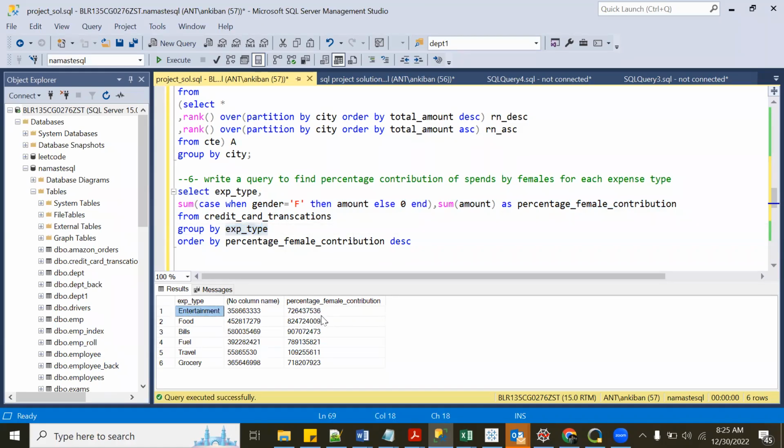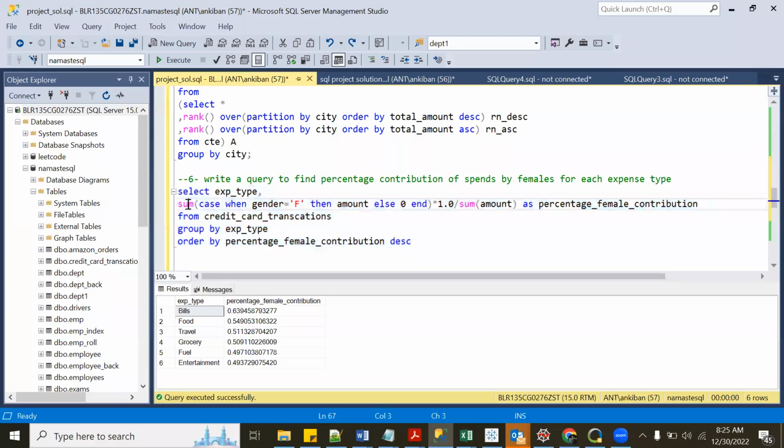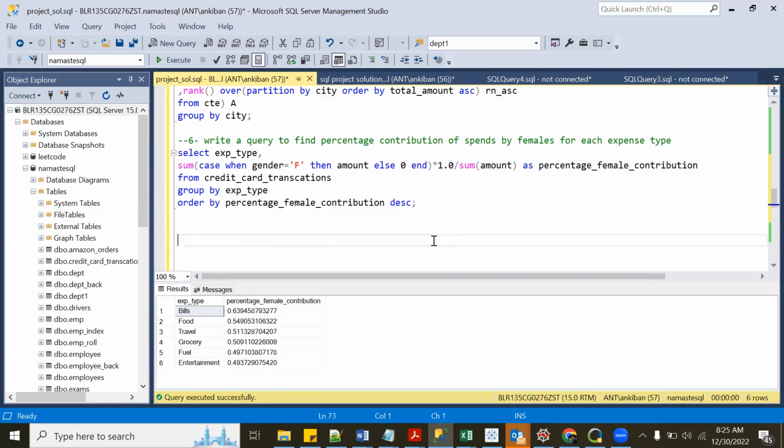So for each expense type, I'm getting total sum. Just don't go by the column name. Okay. And this is only by female, right? And to get the ratio, I'm just doing this, divide by, and I'm getting the answer. So this case when along with sum is very, very powerful. It can just simplify your query like anything. You cannot even imagine. Okay, are we good here?